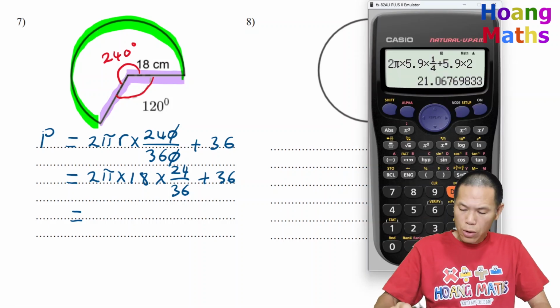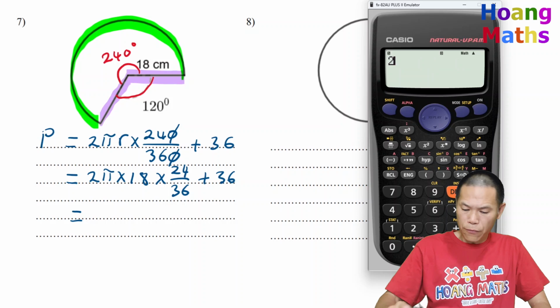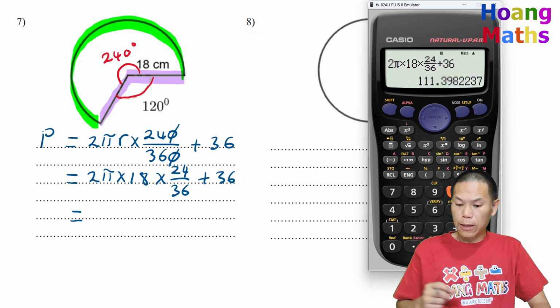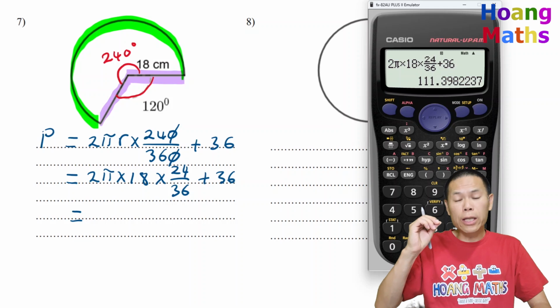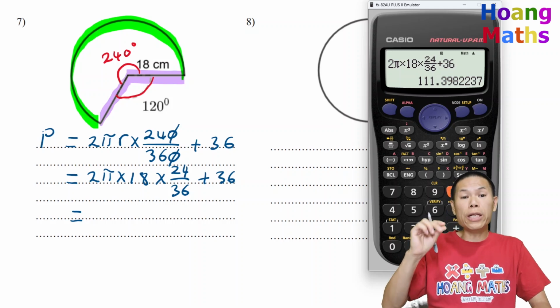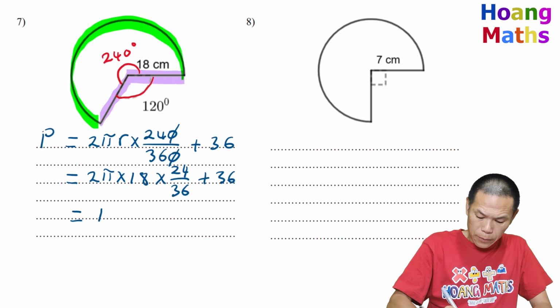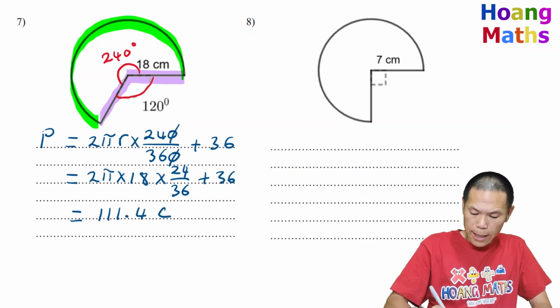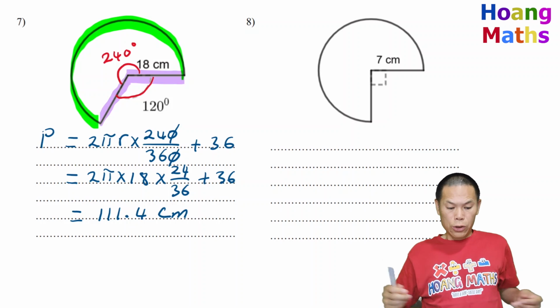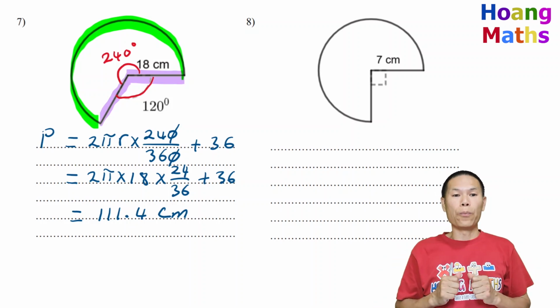Now I just go to shift pi times 18 times 24 out of 36. And then we add 36. So there you go, 111.4 centimeters.